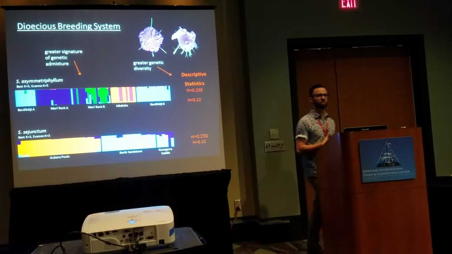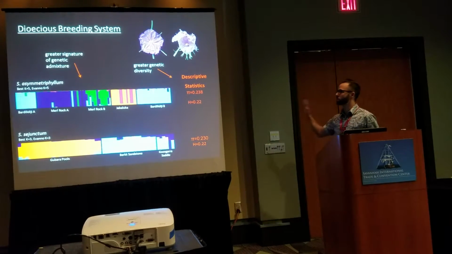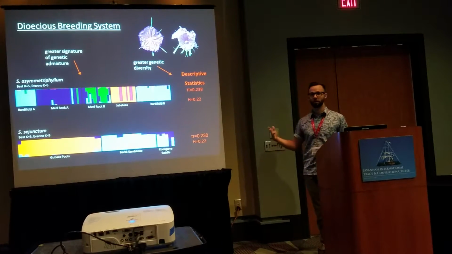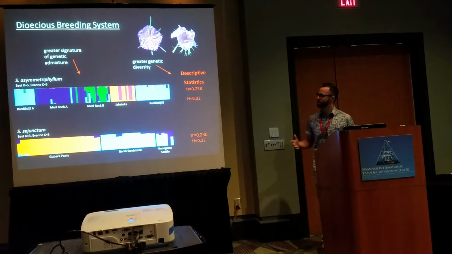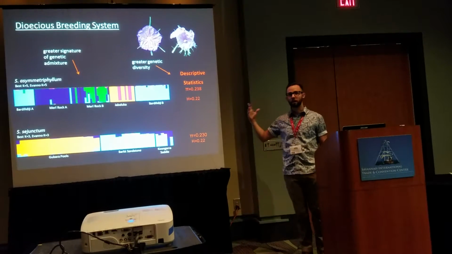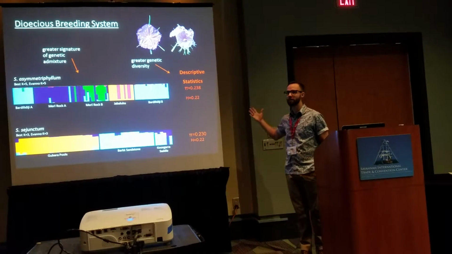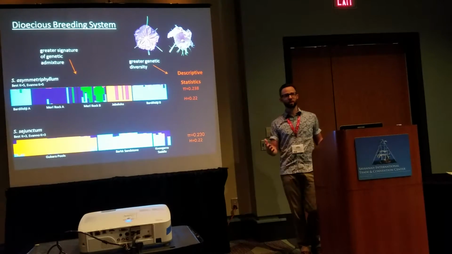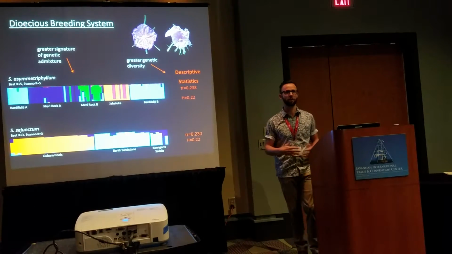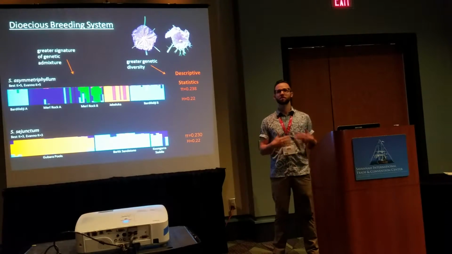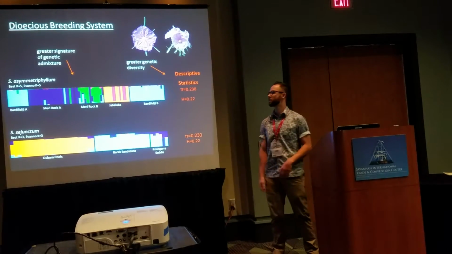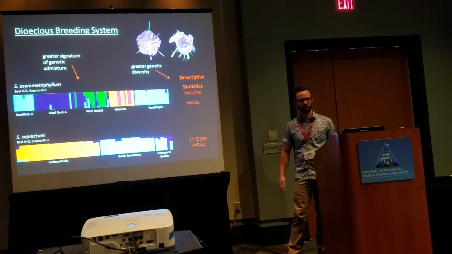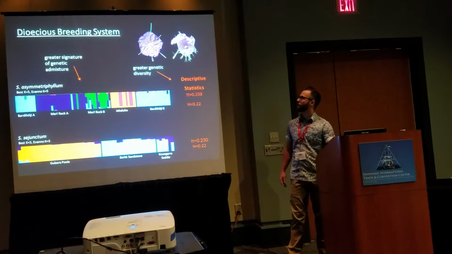Our descriptive statistics suggest that there is a much higher genetic diversity for this breeding system and three of the taxa that we tested, and we see that there's a greater amount of genetic admixture between the populations of a single taxon. Now that's amazing, and that is what we would expect, right? These things cannot self, so they are obligate outcrossers. And that signature, I think, is what we're actually really picking up on in these analyses.